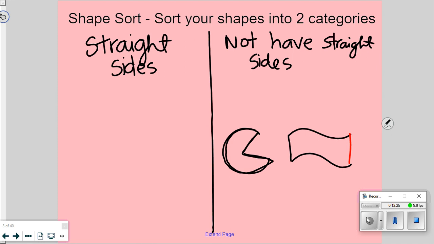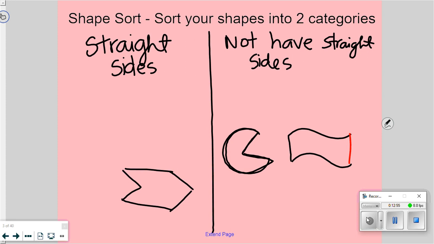What about the shape that looked like that? Where did that go? Kata? In the straight sides category.